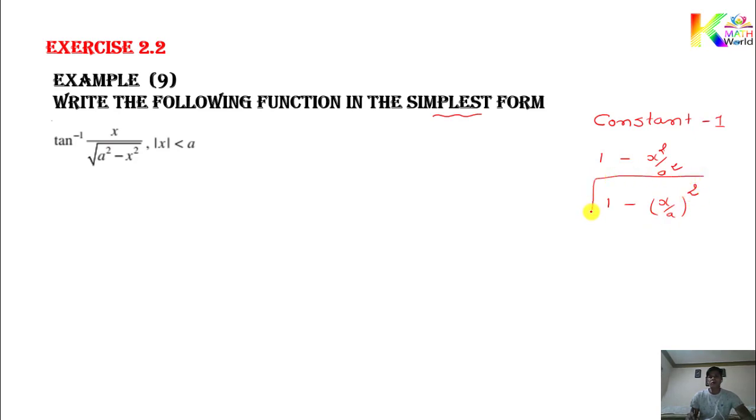Now tell me what you replace here so that you get a formula. Obviously if you replace x by a as sin theta or cos theta, then you get a formula. So suppose we assume x by a as sin theta, then you got x equals a sin theta.